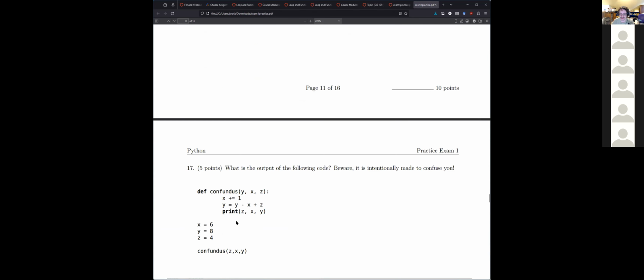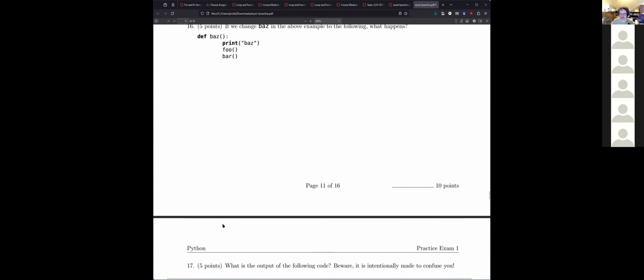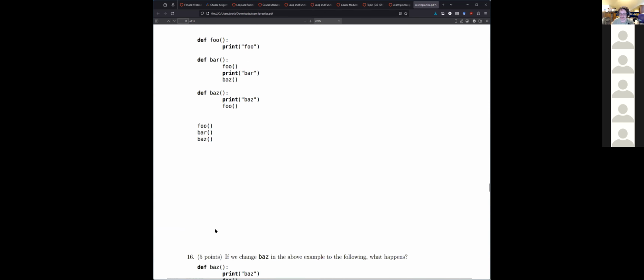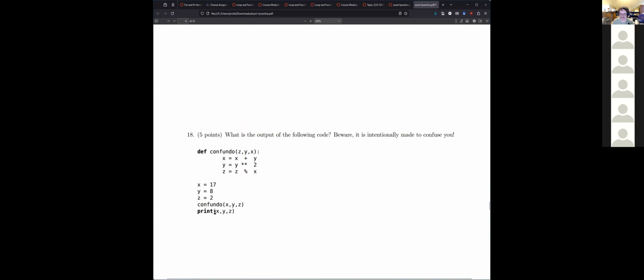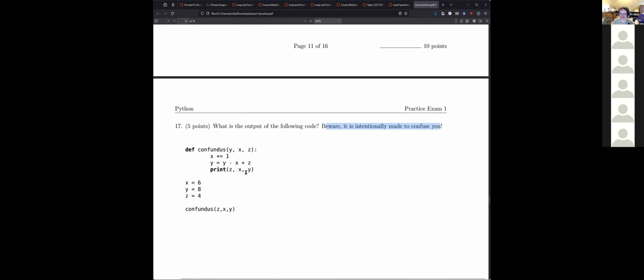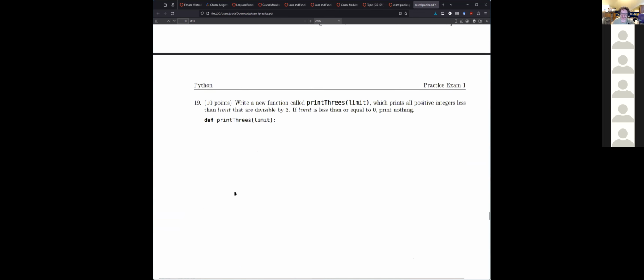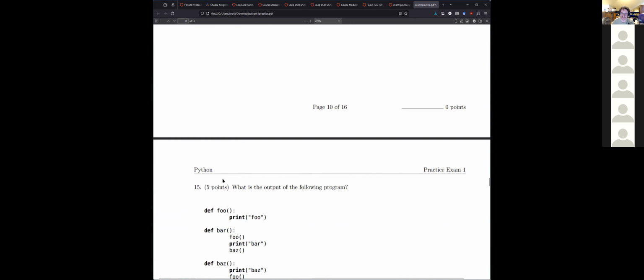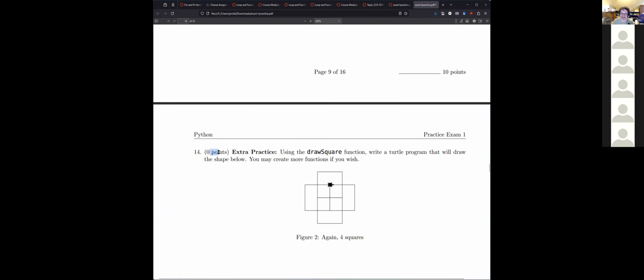A lot of these are specifically practice problems. Please note when I say it's intentionally made to confuse you, it's there to teach you a lesson. You'll also notice there are problems worth 0 points.